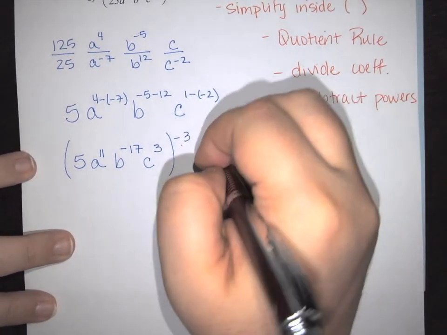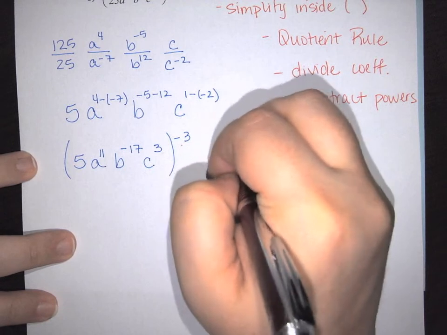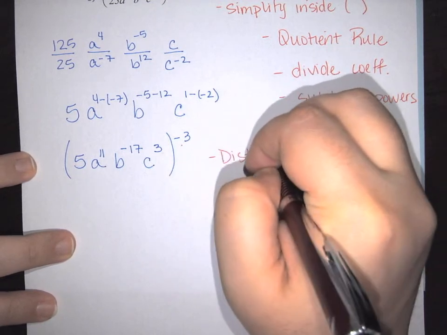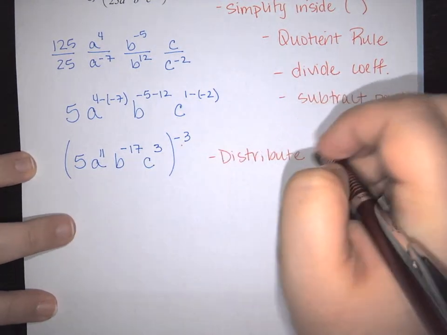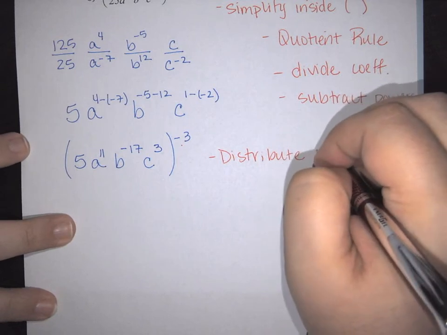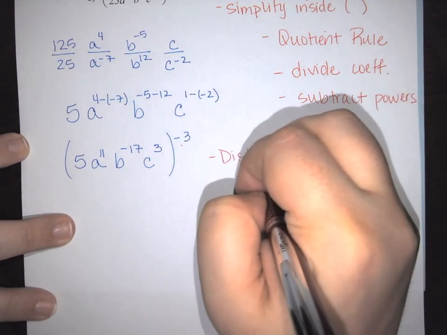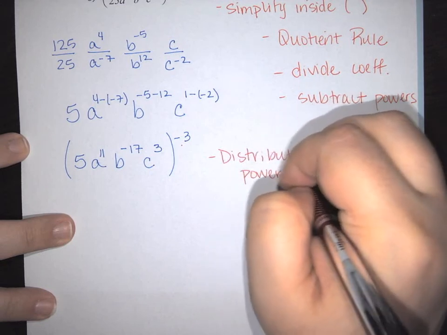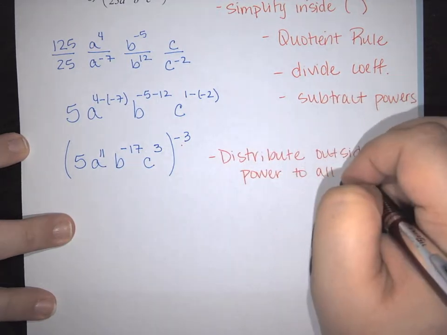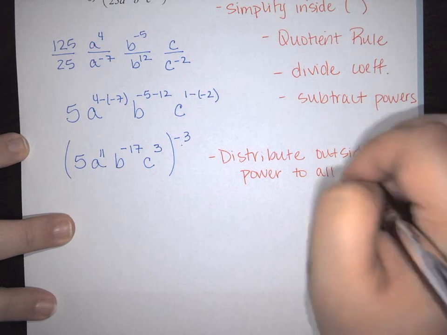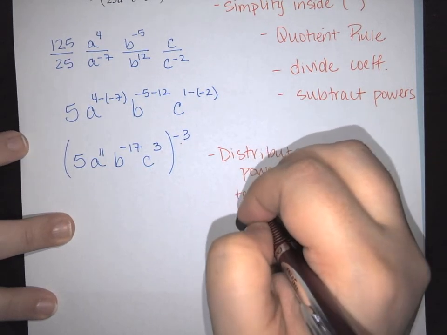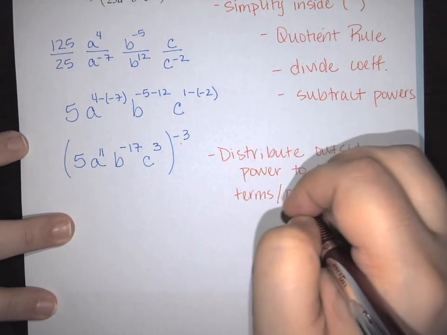And so here what we need to do is we have to distribute the outside power to all inside terms or powers.